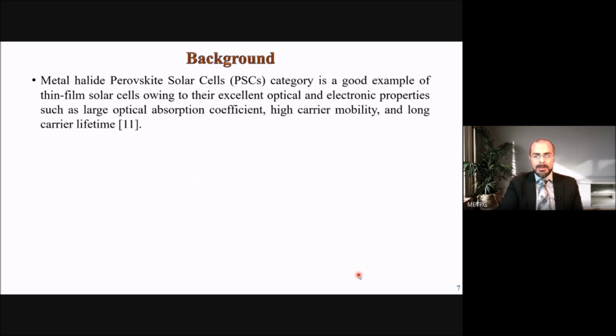Also, you will see through this presentation that in perovskite we can manipulate and tune the band gap of this material. We can change the band gap as we dope the material with different additives, so we can change the band gap for the purpose that we need.